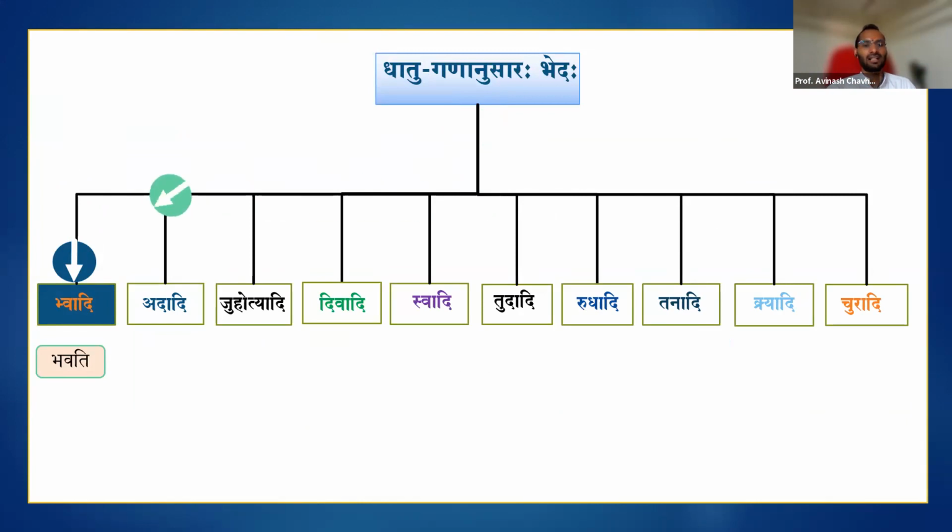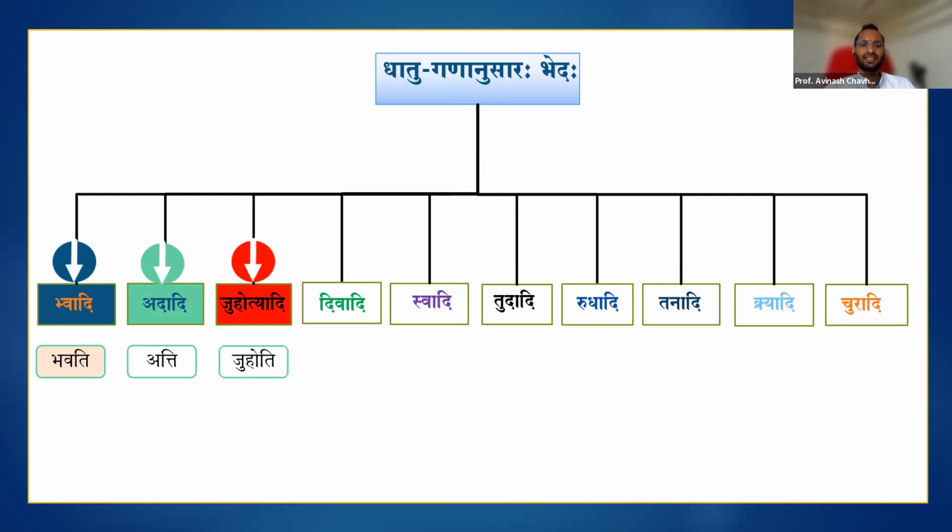Second gana is adadi gana, like atti, asti. Third is juhotyadi gana, rarely used.